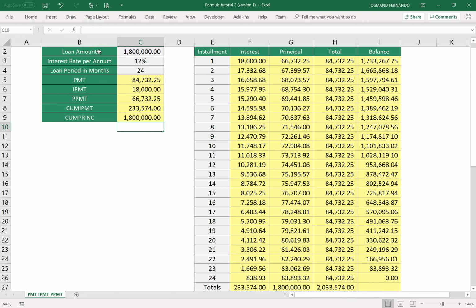That's how you can use these 5 functions and also create the schedule.